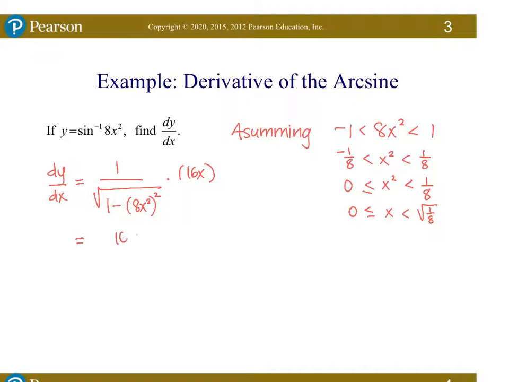So I'd prefer that you wrote that as 16x over the square root of 1 minus 64x to the 4th. You don't have to rationalize. You don't have to simplify. You can just leave it like that. Any questions so far? Just stop me and wave if you do.